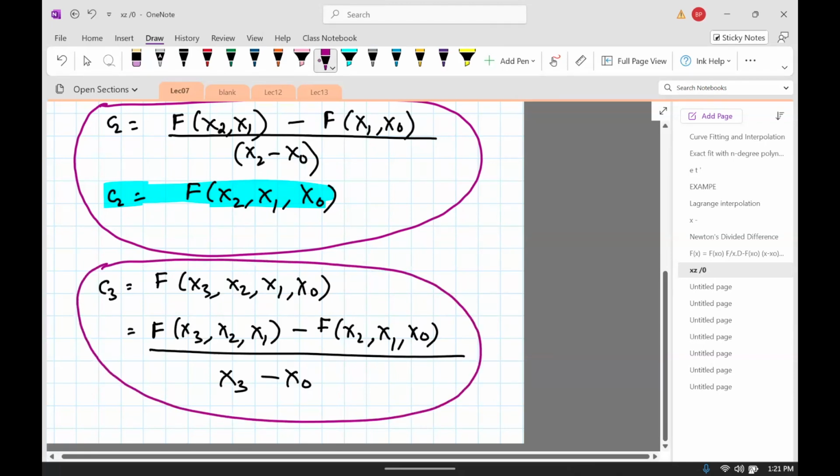You could do this for C3, you could do this for C4, and so on, it doesn't really matter. So basically, we've got a formula without actually doing much work. We've seen a pattern, and that pattern just keeps going on.